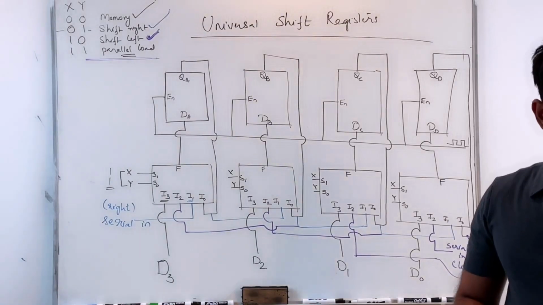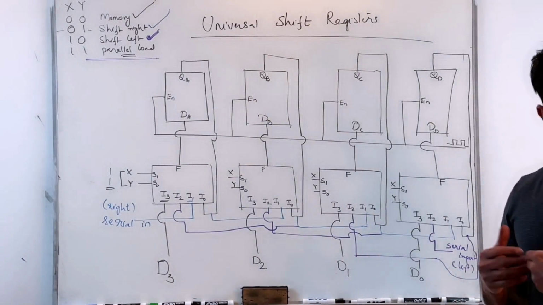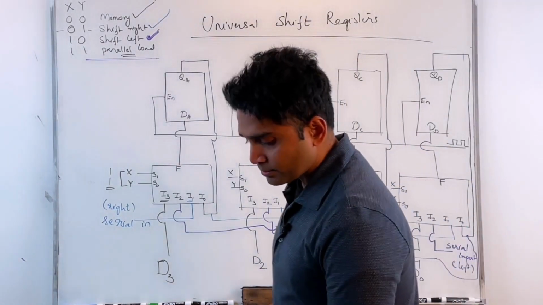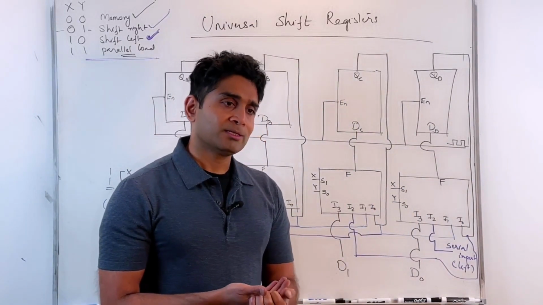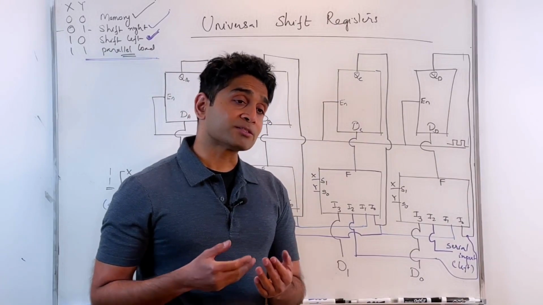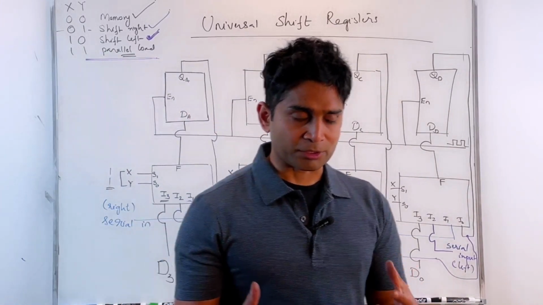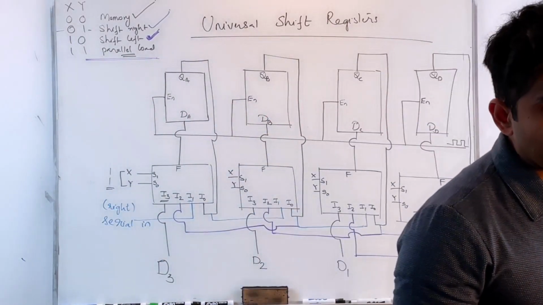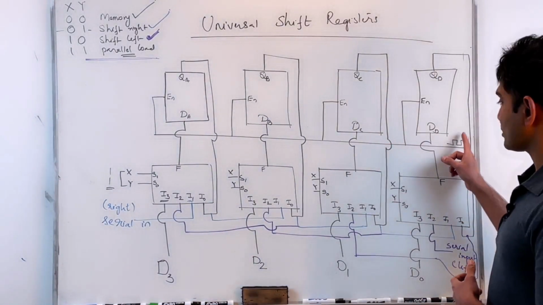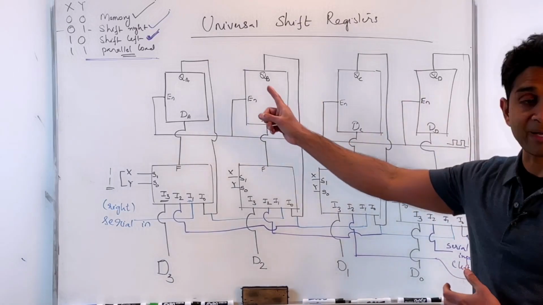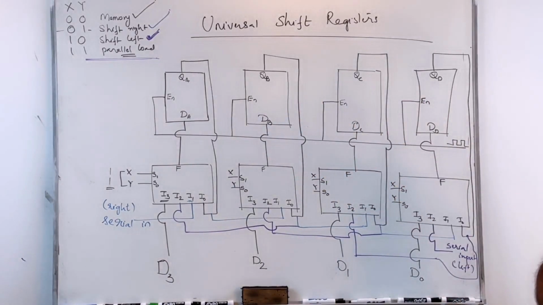So that's your, again, we're looking at the applications of flip-flops. We looked at the serial register, we looked at the parallel register, we also looked at the universal shift register, how we can construct a universal shift register from a flip-flop. And again, the important thing is all the timing is controlled by the clock. Everything is synchronized with the master clock, as you can see in this example.